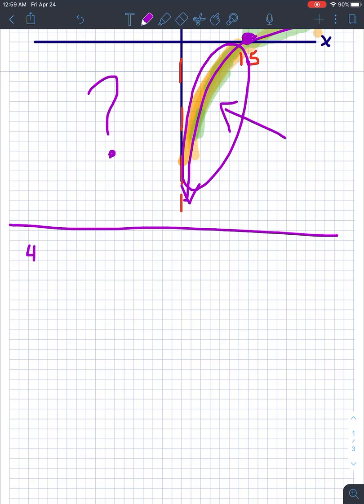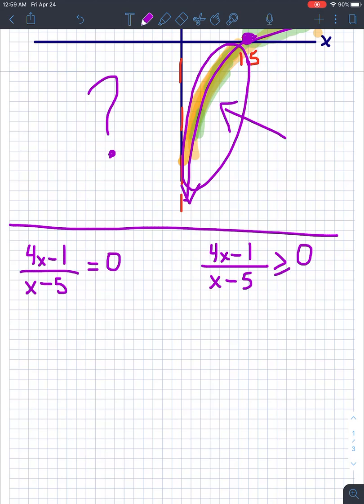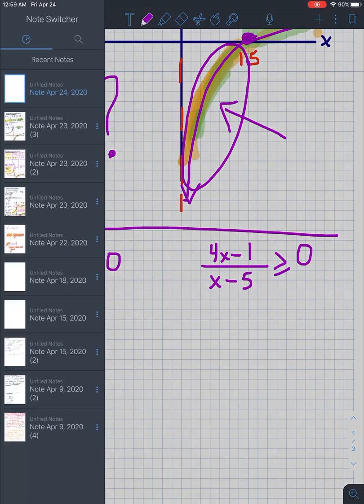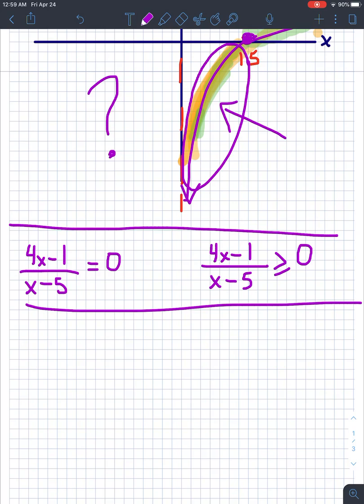So 4x minus 1 over x minus 5 equals 0, or 4x minus 1 over x minus 5 is greater or less? Let's go greater than 0. Yeah, let's do greater or equal. Why not? It really doesn't matter because we're doing it all in the same way.